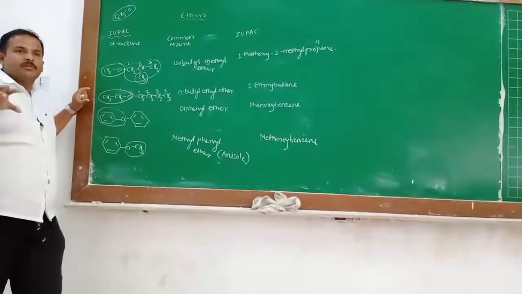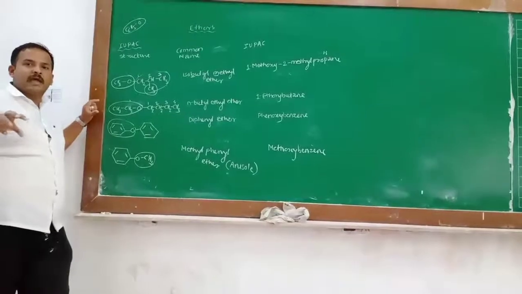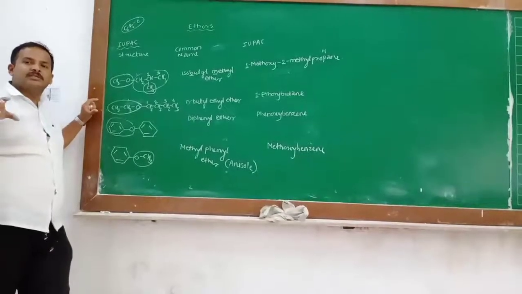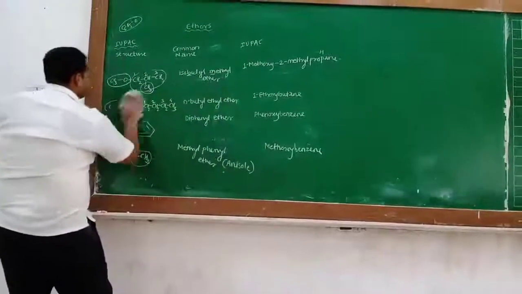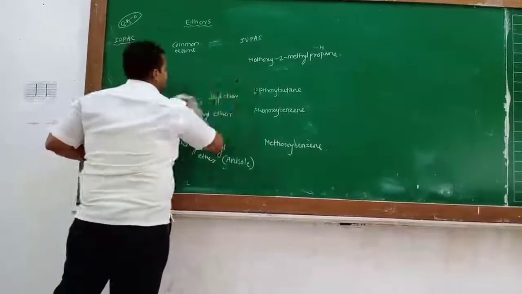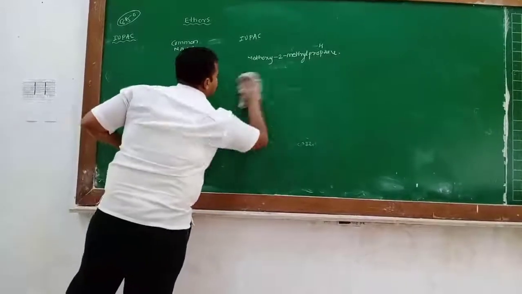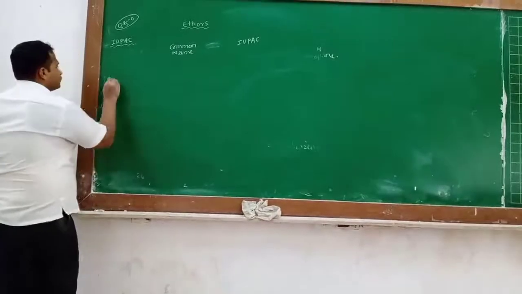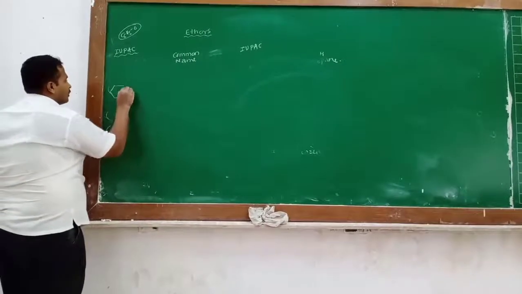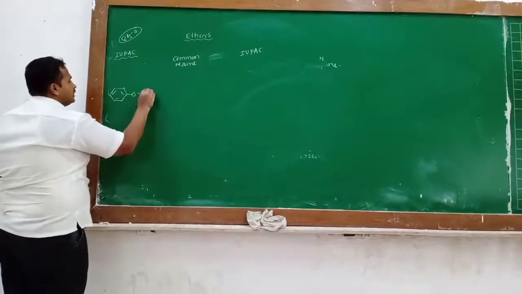When you take an unsymmetrical ether, the smaller number of carbon atoms is considered as alkoxy and the larger number of carbon atoms is considered as alkane. We can take another example. OC2H5.